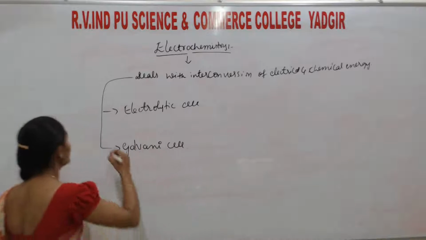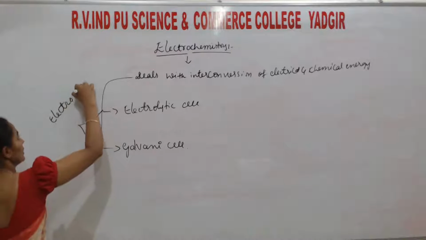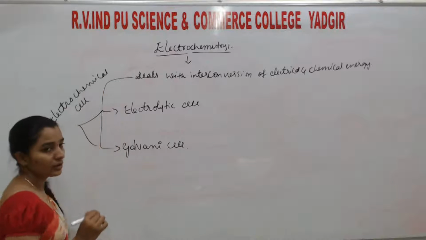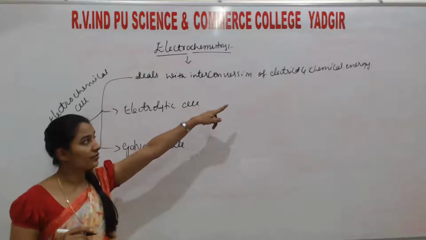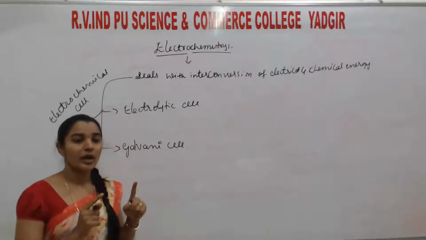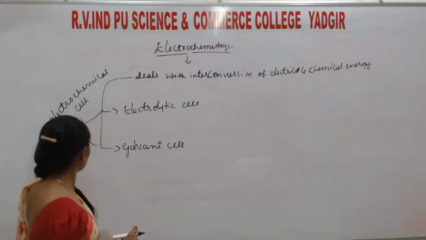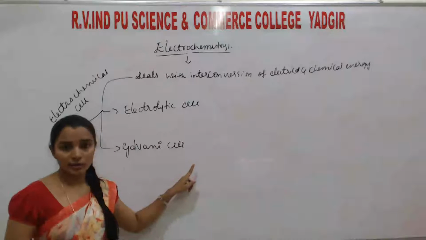It means the cell which deals with the interconversion of electrical energy and chemical energy, either electrical to chemical or chemical to electrical. This electrochemical cell is further classified into the electrolytic cell and the galvanic cell.